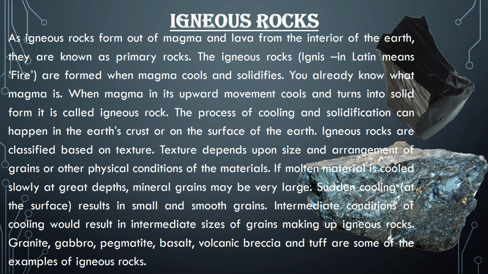Sudden cooling at the surface results in small and smooth grains. Intermediate conditions of cooling would result in intermediate sizes of grains, making up igneous rocks. Granite, gabbro, pegmatite, basalt, volcanic breccia, and tuff are some of the examples of igneous rocks.